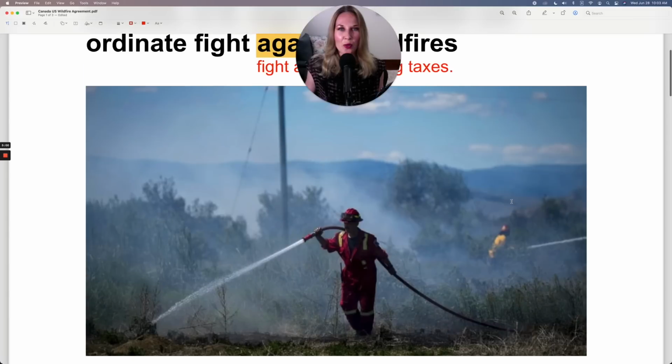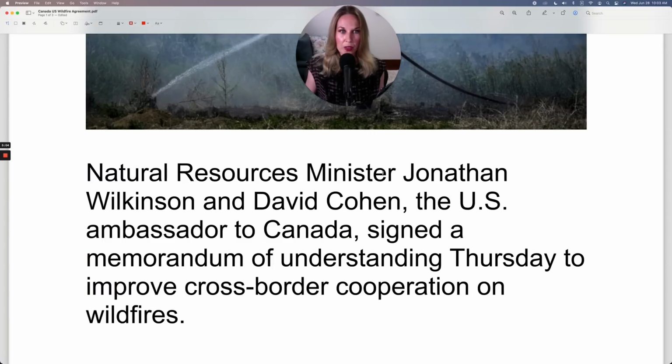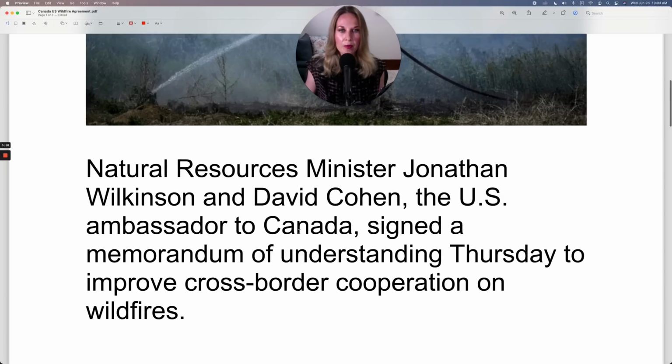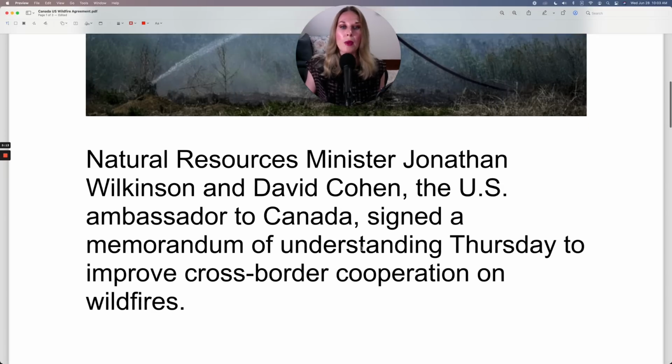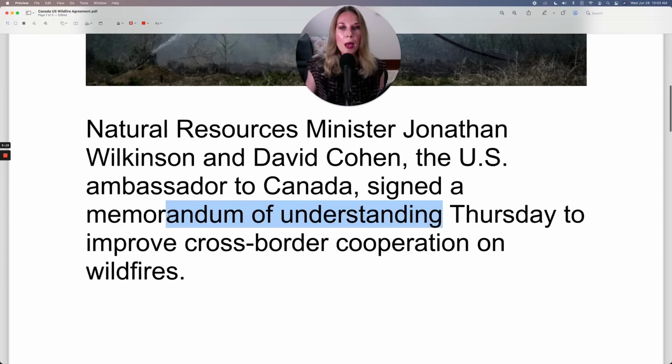Let's continue. Natural Resources Minister Jonathan Wilkinson and David Cohen, the U.S. ambassador to Canada, signed a memorandum of understanding. A memorandum of understanding. As you can see, this is a very long word. We often use an acronym, MOU, an MOU.